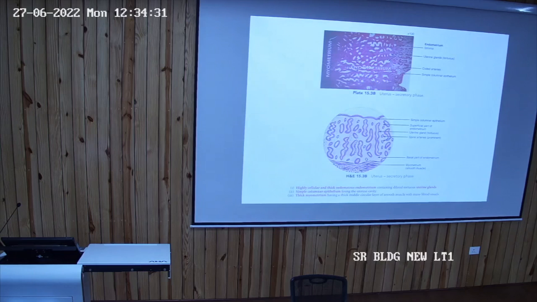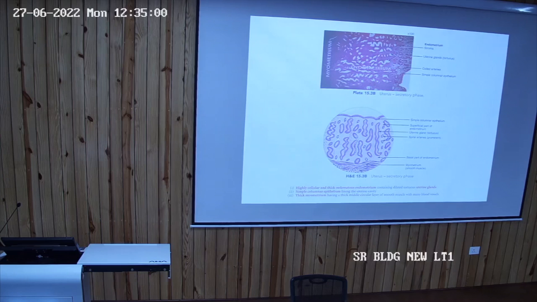Now look at this one. This is the diagram of the uterine glands. Look here, the uterine glands are tortuous and larger in size. The columnar epithelium is the same, with no changes in the muscle coat. Only the uterine glands change, by which we can say whether this slide of the uterus is in the secretive stage or the proliferative stage.